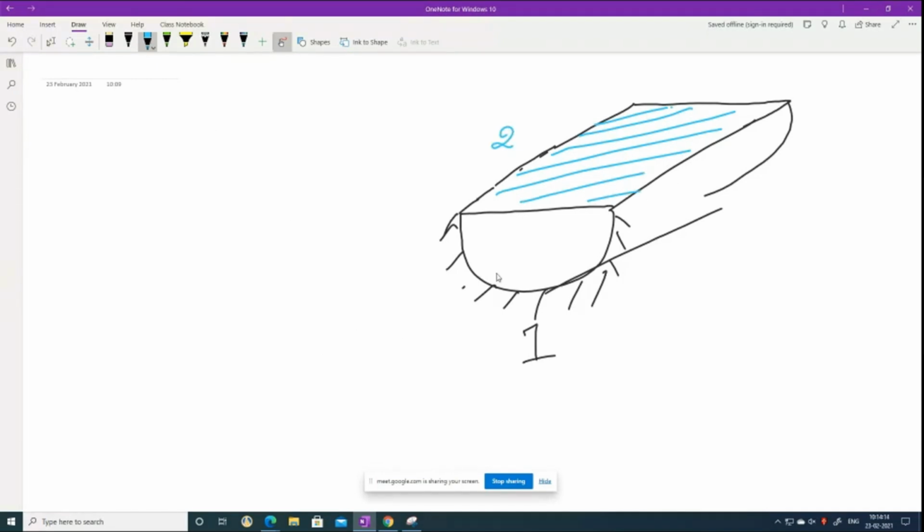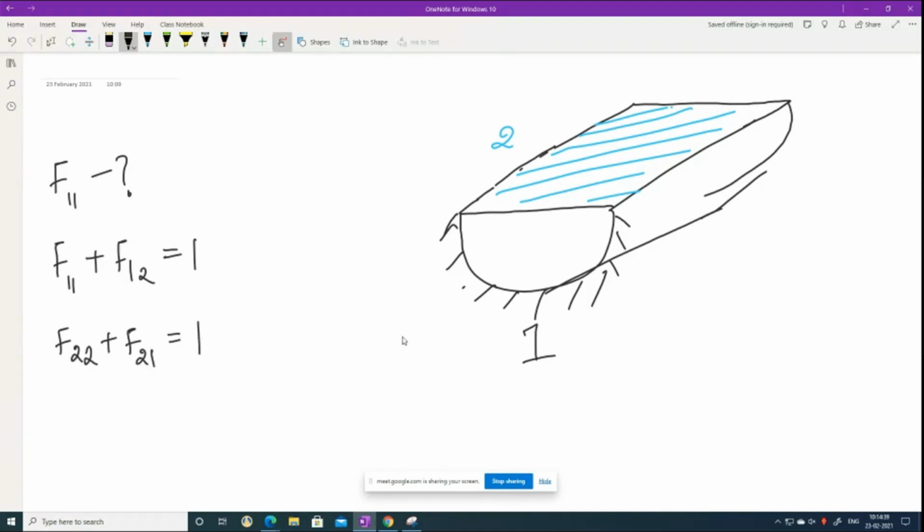So you have a semicircular duct here. And what to do now? You need F11. You have to find out this value. So F11 plus F12 is equal to 1. You know this. F22 plus F21 is equal to 1. You also know this.